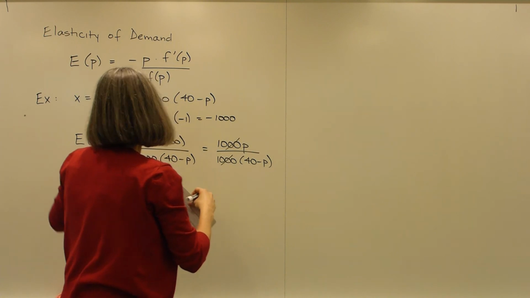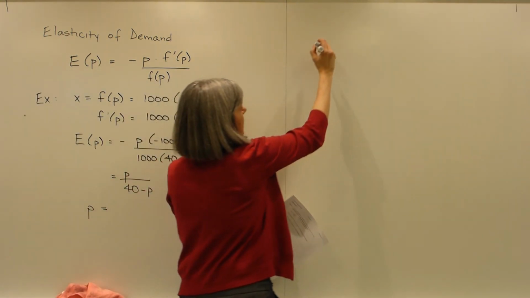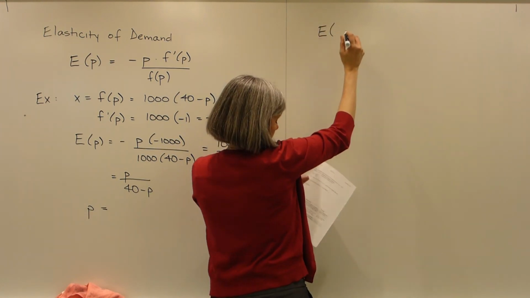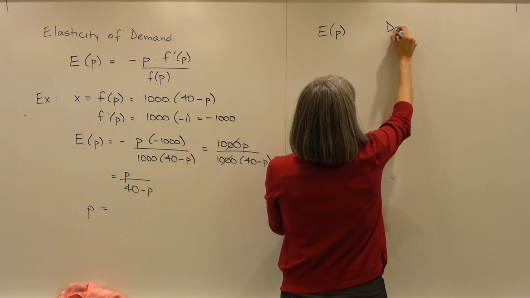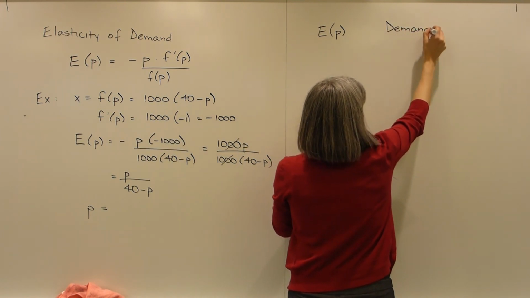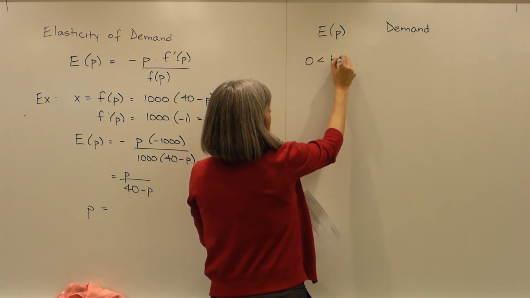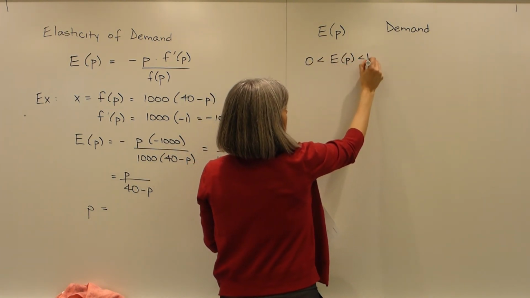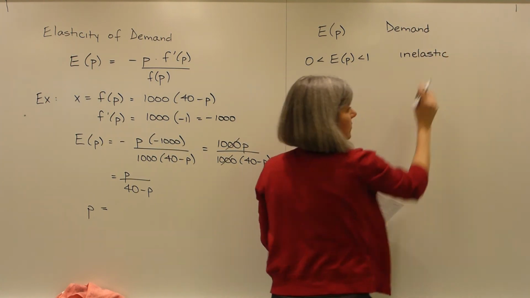Now, once you've computed this, what does this mean? Well, I'll explain more in class, but for now, we're just going to define what it is. If it is a value between 0 and 1, we call that inelastic. More details to come.